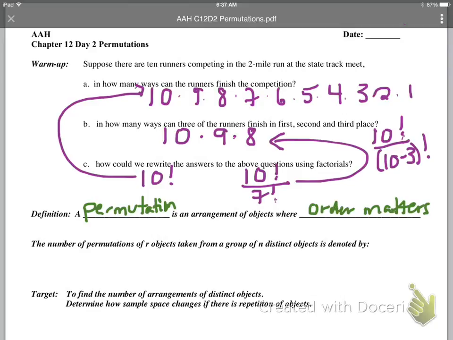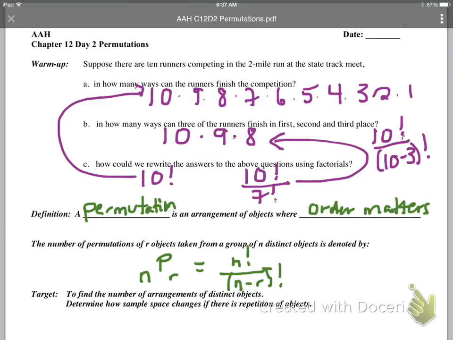The order matters. So now the formula for that, and I never used this formula, but I wanted to show it to you because you're in honors, is the number of permutations of r objects taken from a group of n distinct objects is denoted by little n, capital P, little r, and that is n factorial divided by, and now you'll see where this ties into the warm-up, n minus r factorial.